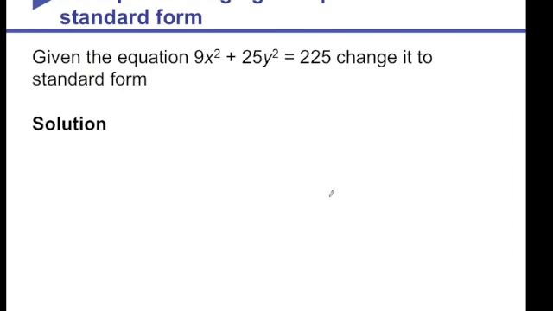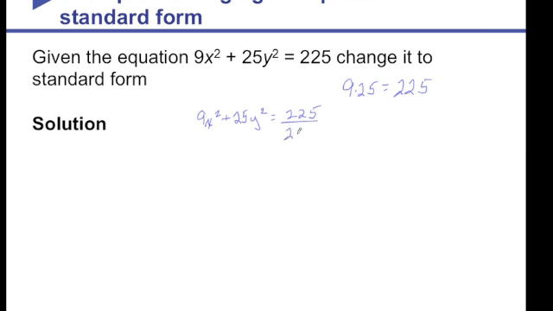Here we want to change this equation into standard form. And what we will notice is if you take 9 times 25, you will get 225. You can probably do that fast by thinking of 9 quarters and how much they're worth, 225. So I've got 9x squared plus 25y squared equals 225.